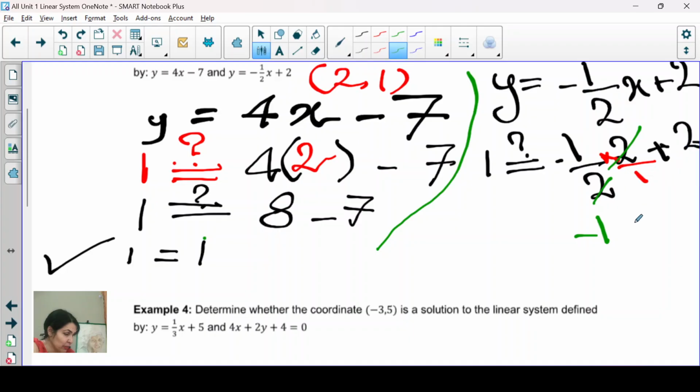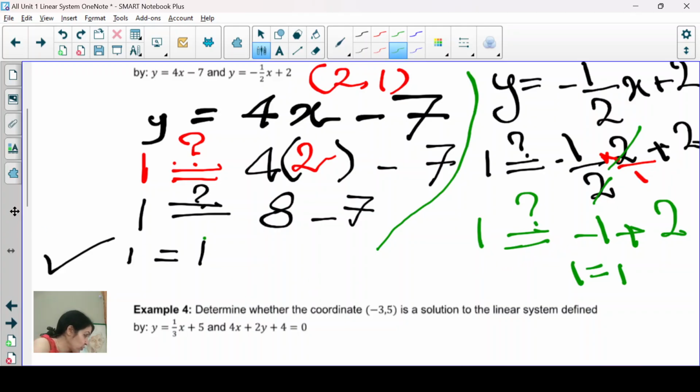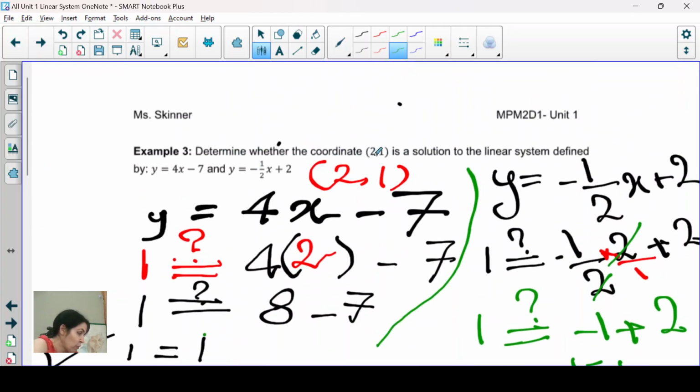And the other term is 2. Is it equal to the left side? Negative 1 plus 2 is 1. 1 is equal to 1. So it works. So it means that the point (2, 1) is a solution to this linear system.